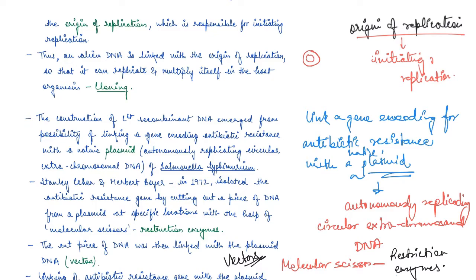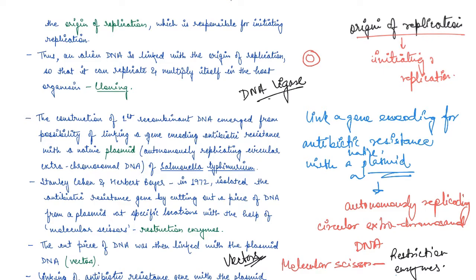So, the way we cut the DNA into various pieces by restriction enzymes, we join or link these DNA pieces with the plasmid vector by another enzyme which is known as DNA ligase.